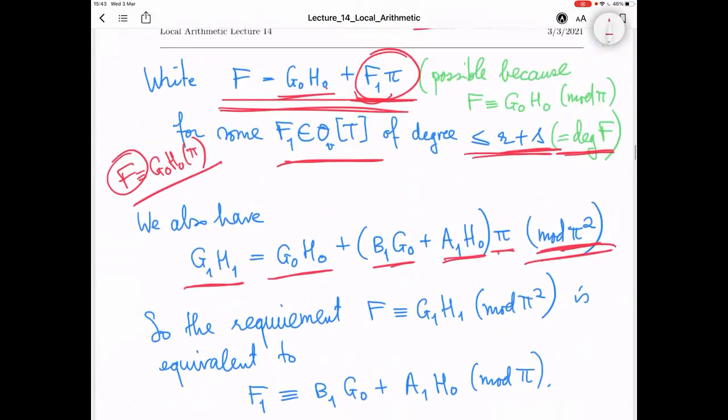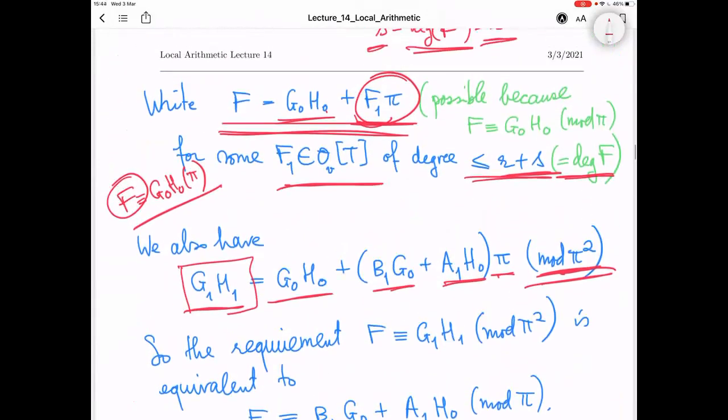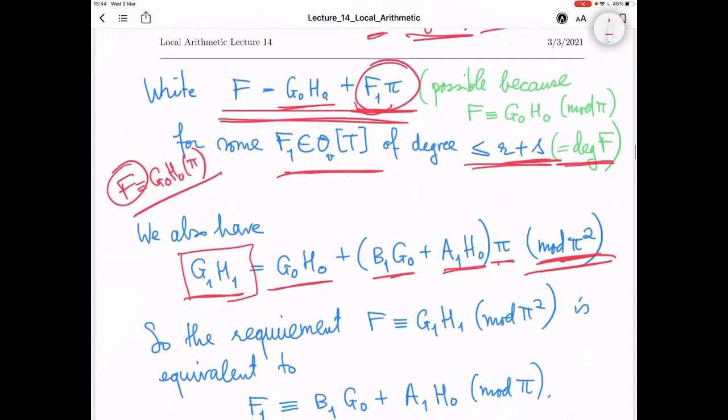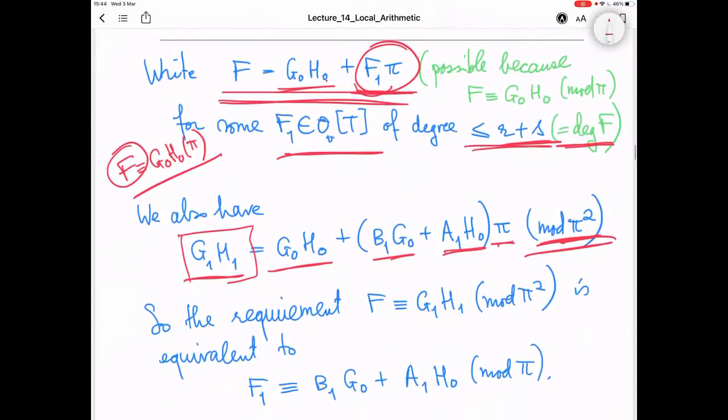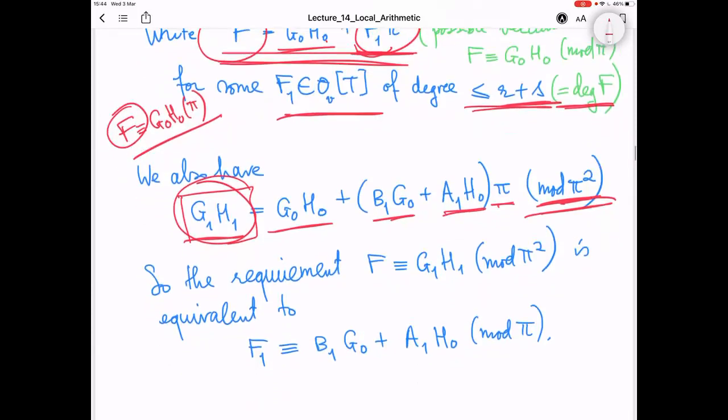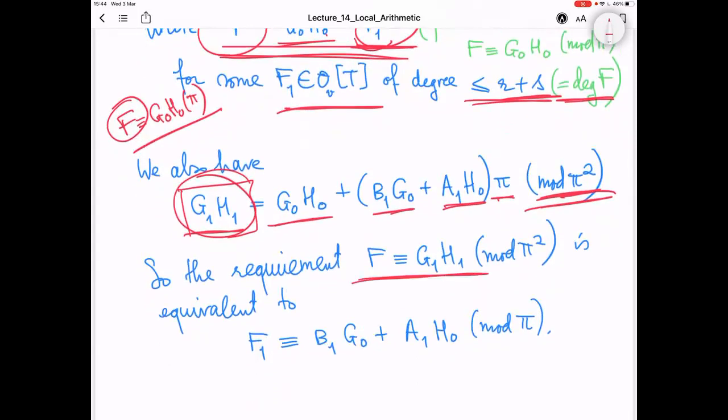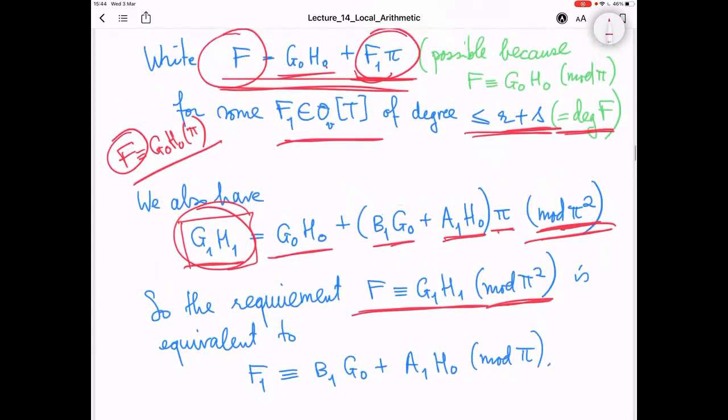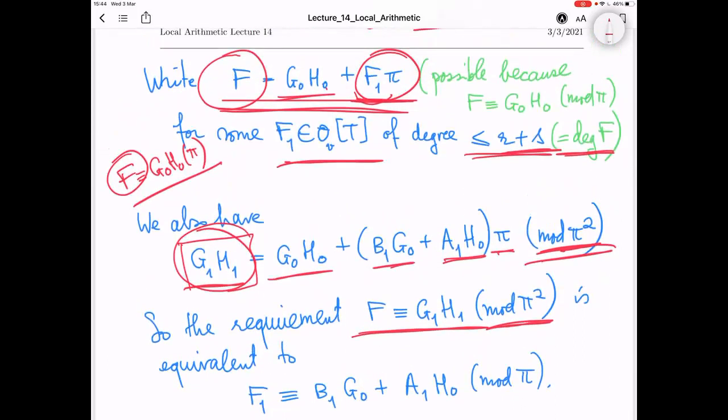So now I've got an expression for F, and I've got an expression for G1 H1. And if I want F to be congruent to G1 H1 modulo pi squared, then what should happen? I should compare these two expressions, right? So here, these things are the same.